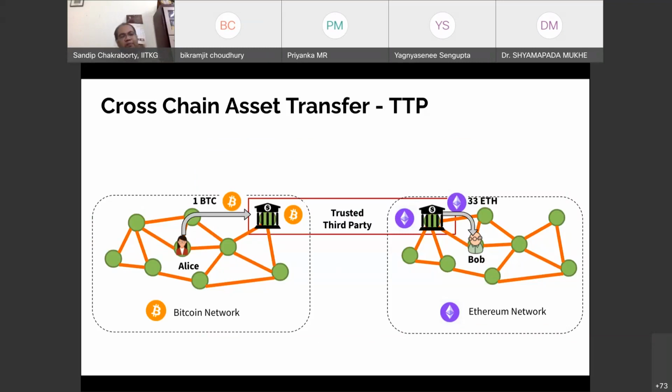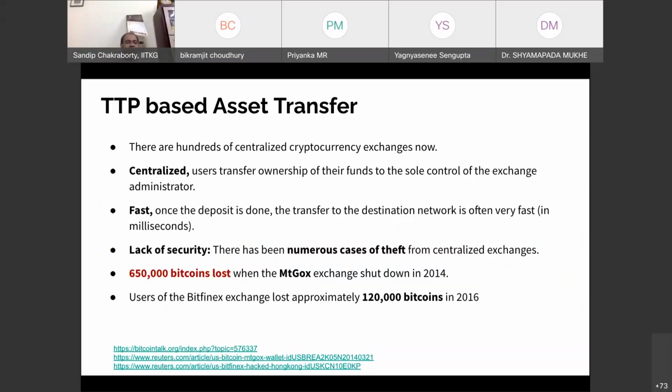But the problem with using such a TTP, or trusted third party, is that there can be possible security violations, or multiple different security issues which can come. Interestingly, to support such cross-chain asset transfer, there are hundreds of centralized cryptocurrency exchanges available in the market.